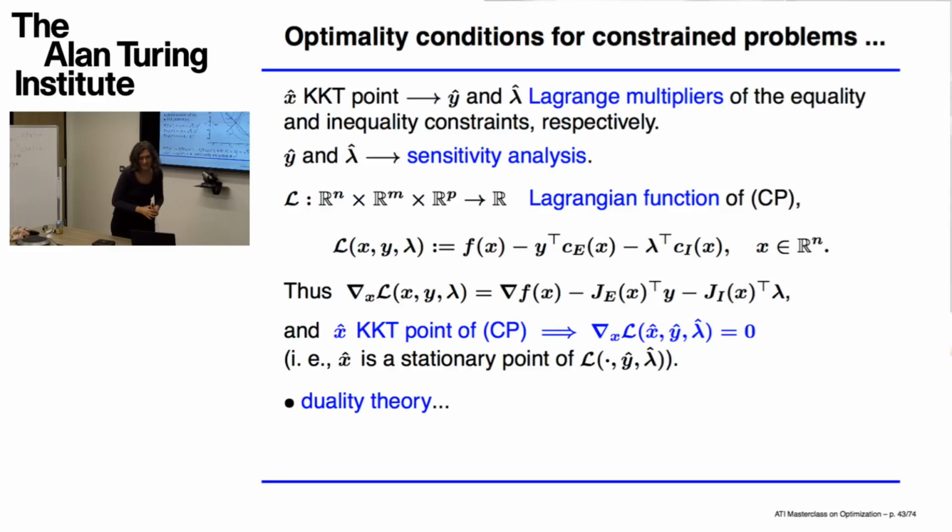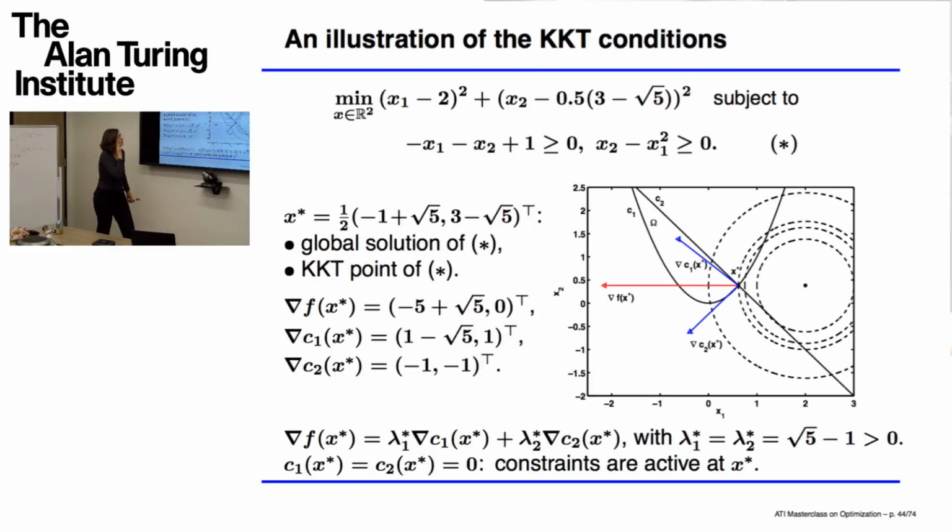So what do we say here? Let's just illustrate simply on this example. We have quadratic contours here, and we have a feasible set determined by this parabolic constraint and this linear constraint. So the feasible domain is in here. And we can see that this is a convex problem, in fact, and the global minimizer is at this point.